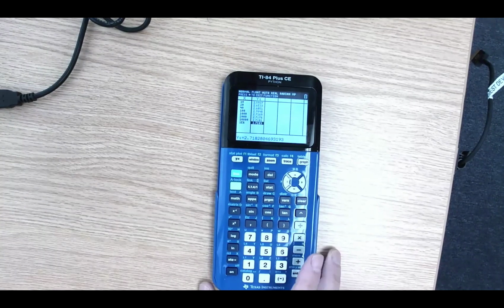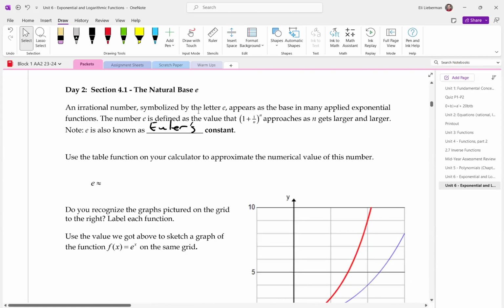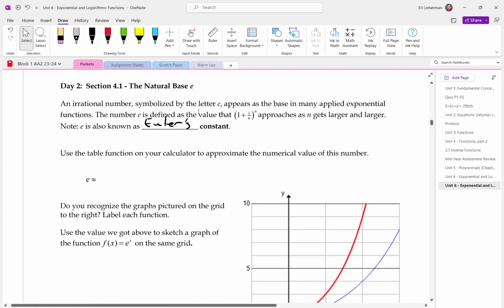But for our purposes here, all you need to know, even though we're going to look into this a little bit more, is that e is approximately 2.7. For us to do calculation with e, can we use 2.7? For approximation, yeah, absolutely.